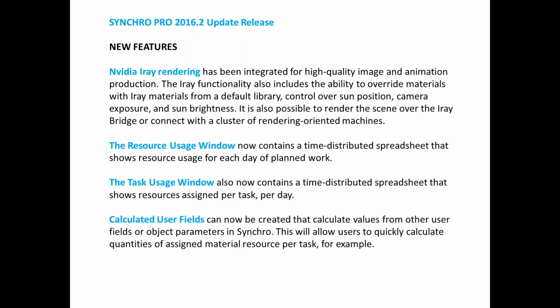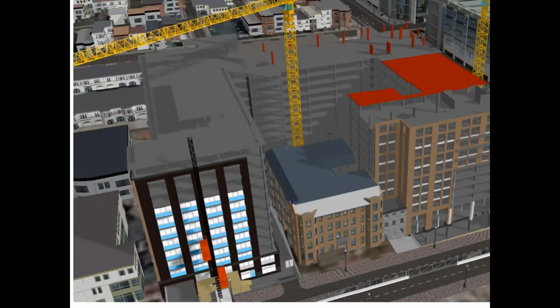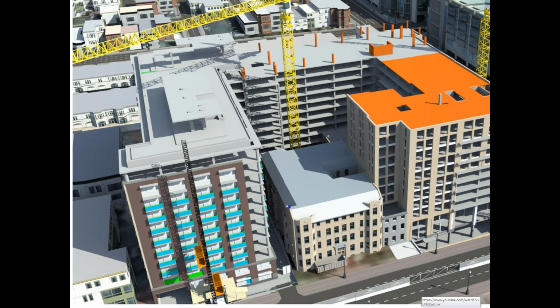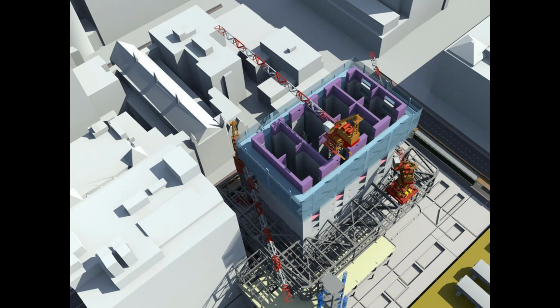I just want to show you some examples of what this looks like here. This would be a typical Syncro view. If you ray trace this, the quality just bumps up immediately, and you're going to get better shadows, lighting, material renderings, and quality. This is another shot right out of a Syncro viewport.